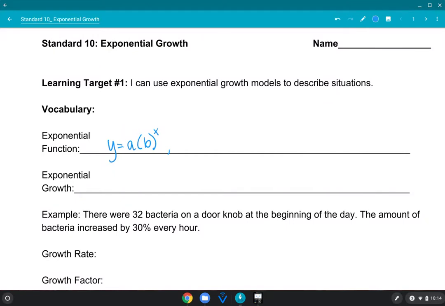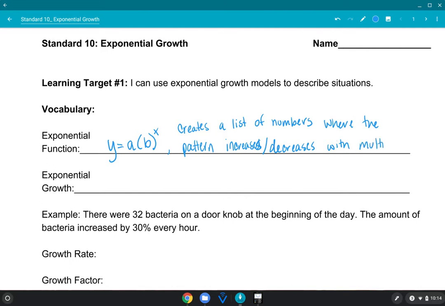It creates a list of numbers where the pattern increases or decreases with multiplication.